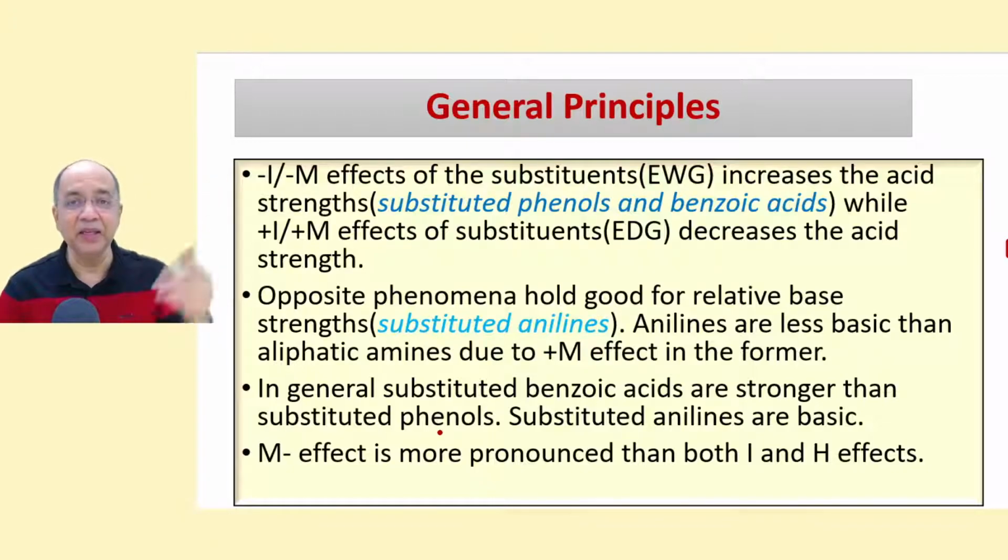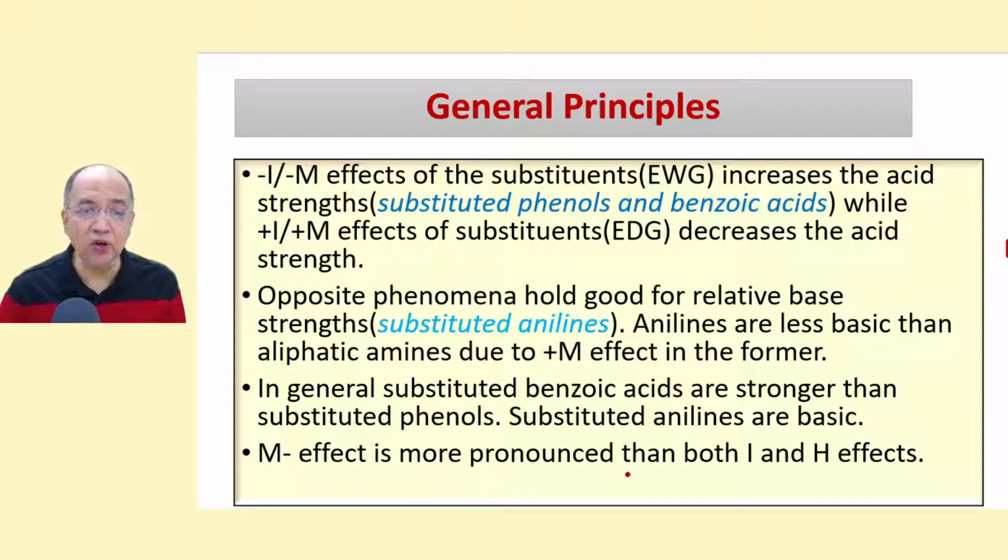But there might be some exceptions where some substituent will increase the acid strength of phenol to such an extent that it might be stronger than some substituted benzoic acid or simply benzoic acid. But in general, phenol is less acidic than carboxylic acid. Benzoic acid is a carboxylic acid. So that's the general principle.